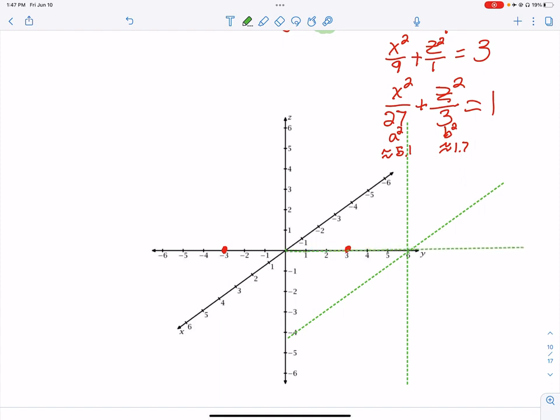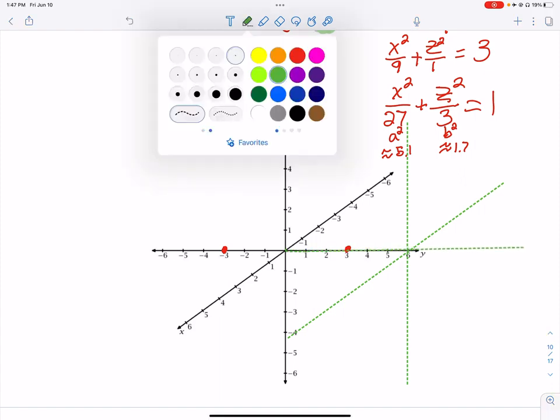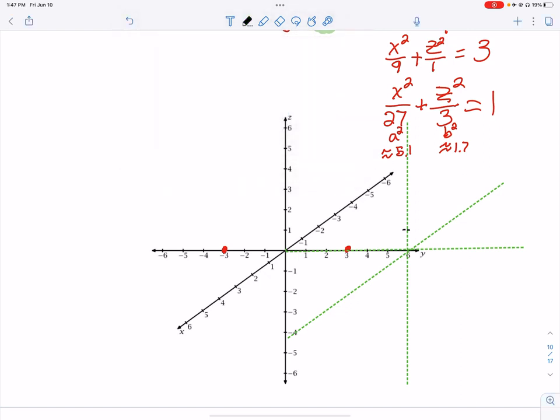There we go. Okay, so I'm going to add my tick marks, try to stay as straight as possible. So probably off, but it's okay.